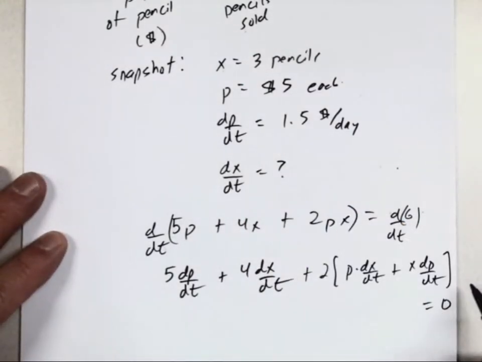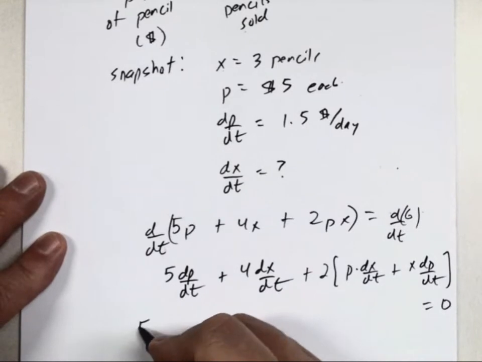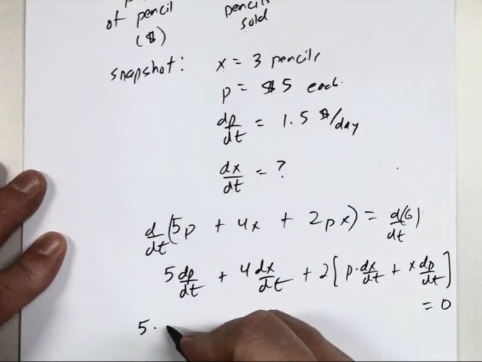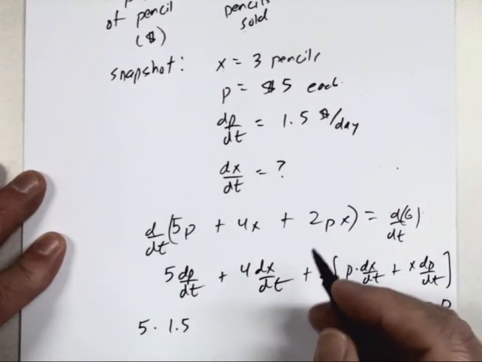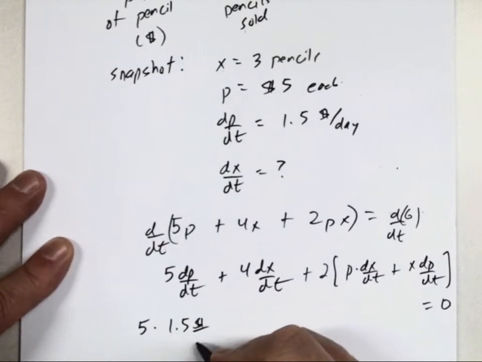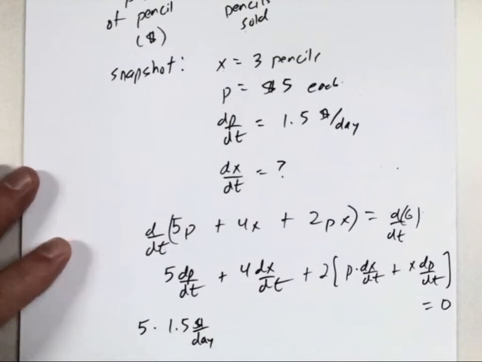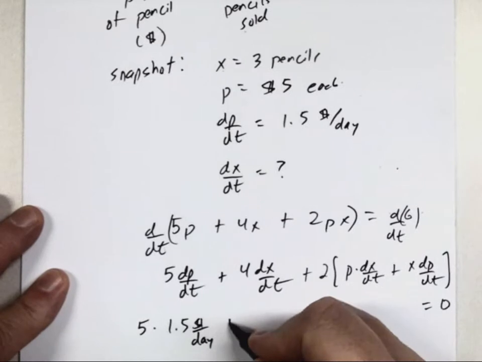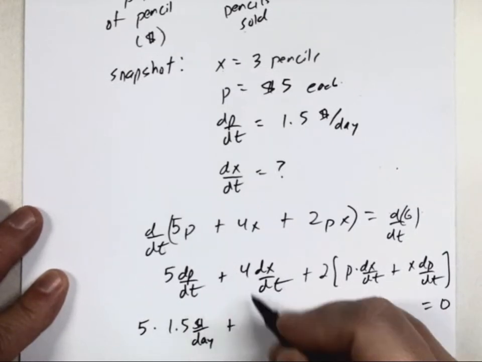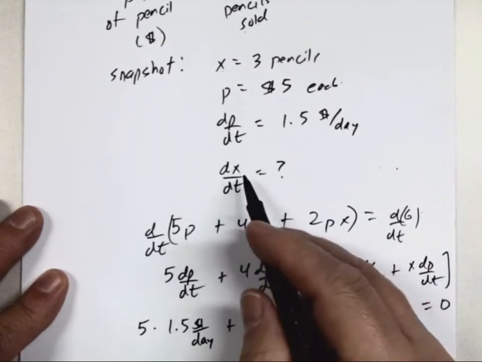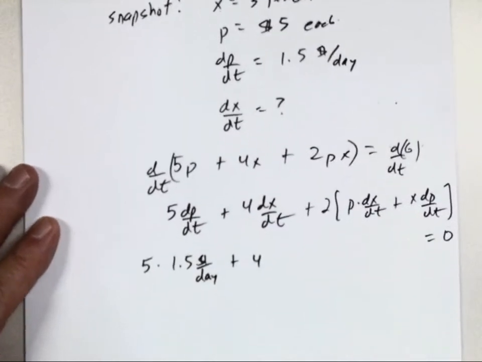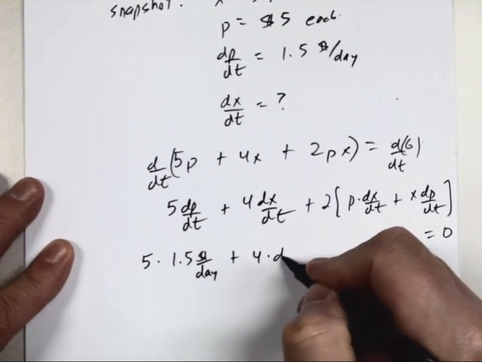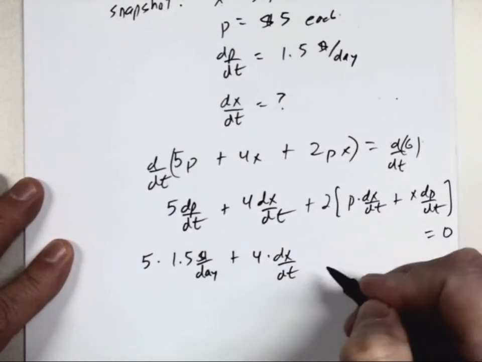So if I start plugging in things in this equation, 5 times dp/dt, which was $1.5 per day, plus 4 times dx/dt. That's actually what I want to determine, so I just rewrite that.